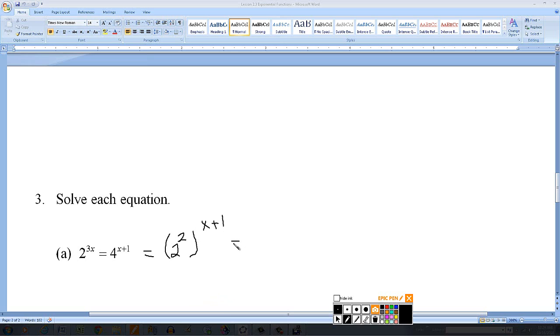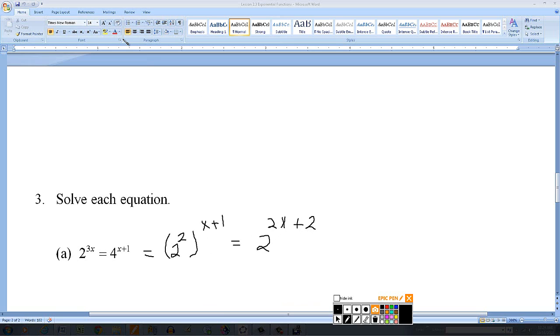Okay, then I'm just using laws of exponents. When you have a power to a power, you multiply the exponent. So you multiply 2 times the x plus 1. That means you multiply 2 times the x and 2 times the 1. So you get 2x plus 2.